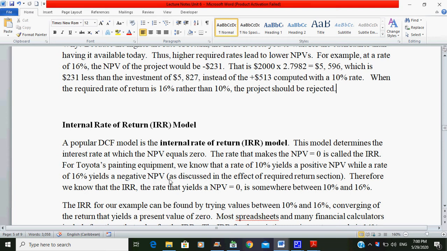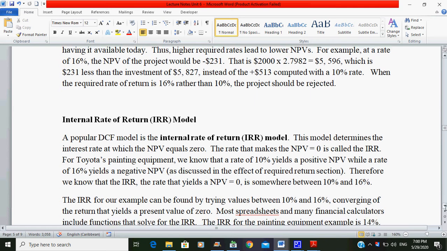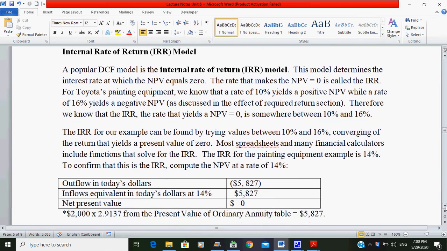Negative NPV, as discussed in the effect of required return section. Therefore, we know that the IRR, the rate that yields an NPV equal to zero, is somewhere between 10% and what? 16%.